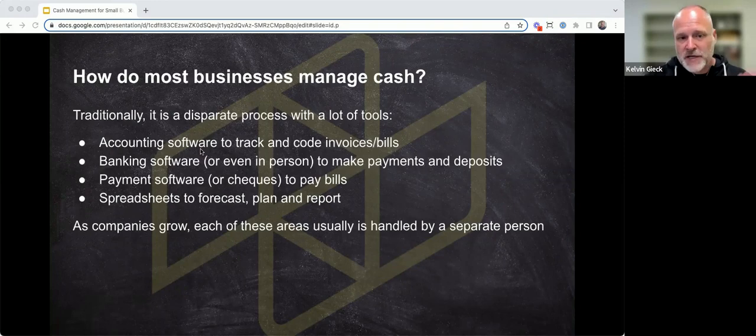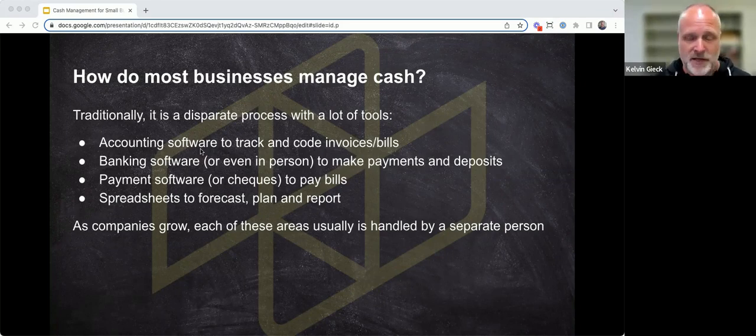So we've gone through cash management at its core conceptually and talked about a lot of benefits and cost savings and things that you could do in depth. But it begs the question, how do most businesses carry out this process right now? And typically it's pretty disparate. It requires a lot of different tools. You have accounting software to check and code invoices and bills.